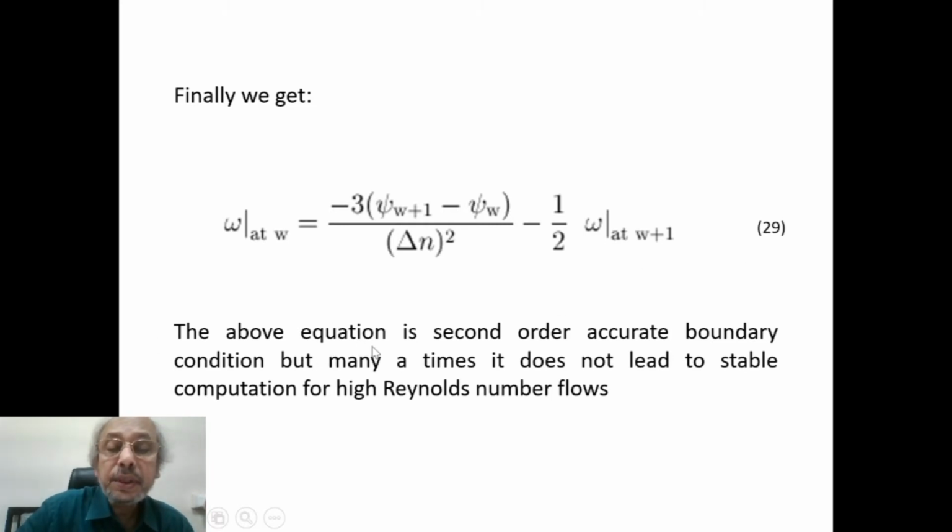So the above equation is a second order accurate boundary condition obviously, but many times it doesn't lead to stable computation. Some problems arise, and those problems can be addressed by fine-tuning other boundary conditions, and also having a closer look at the convective terms.